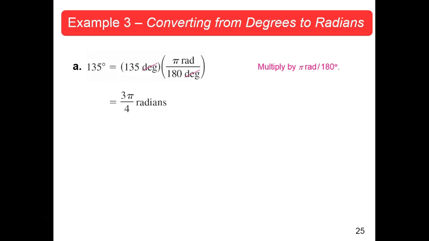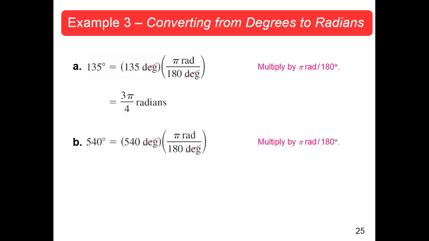Okay? The B part. Again, I don't like that they did all the work for you. I like to just play like you can't see this. Let's do 540 degrees. We want to convert that, so there's our 2 blanks for our conversion factor, to so many radians. We're going from degrees to radians. What do you put first?